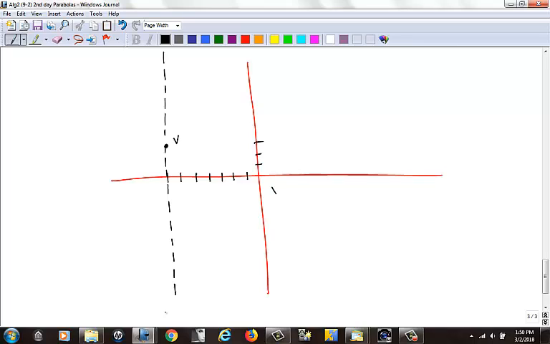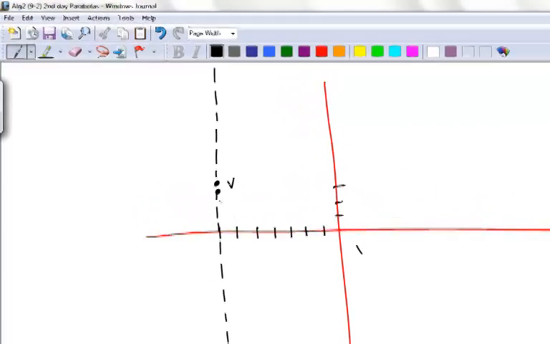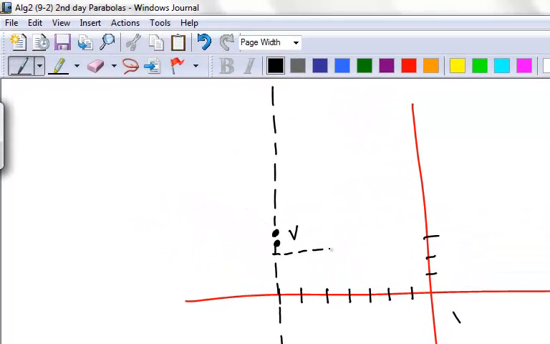And we know it opens up. The focus is negative 7 and 3 and 1/8. Really tiny difference between the focus and the vertex. Y equals 2 and 7/8 is right below here. So there's only a 1/8 difference between the vertex and the directrix.